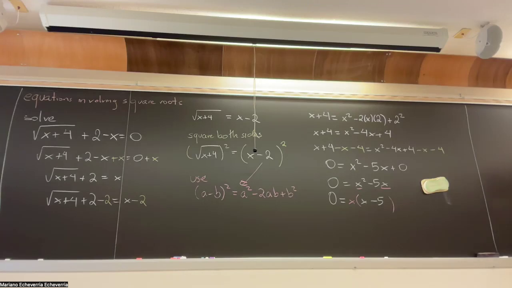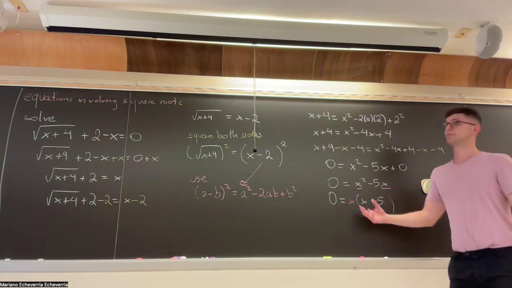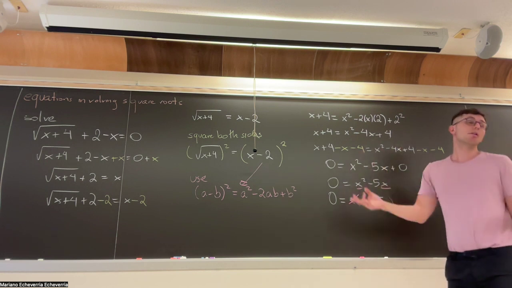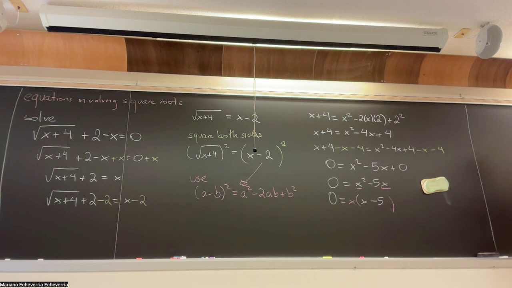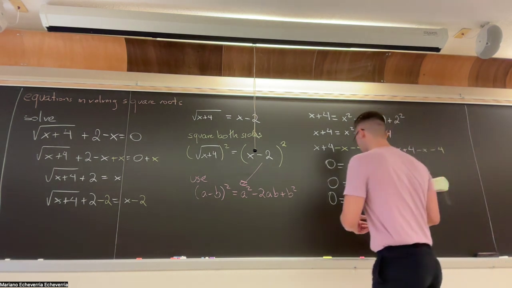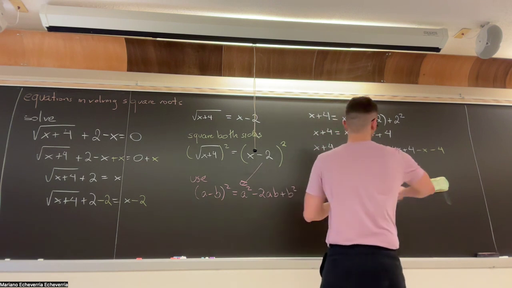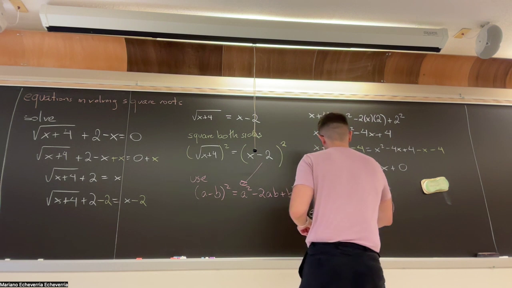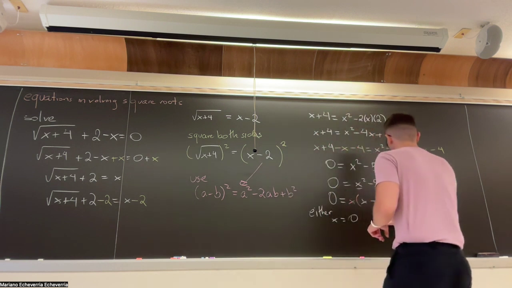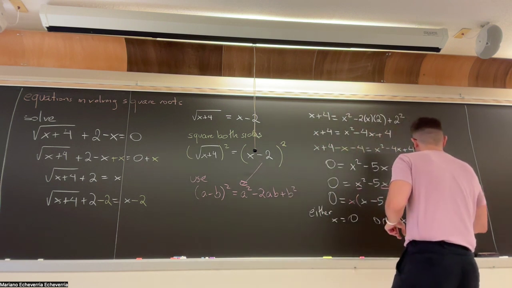And then you get to this other important point, which is that when you have the product of numbers being 0, that means that one of the numbers has to be 0. That's the only way for two numbers multiplying to give you 0. One must be 0. So the options that you get from this case is that either x is 0, or x minus 5 is 0.